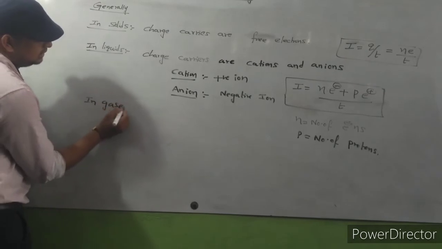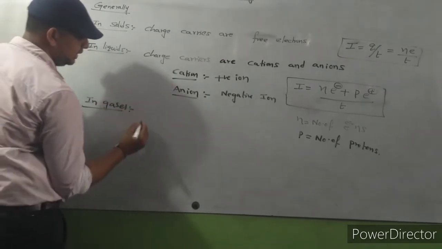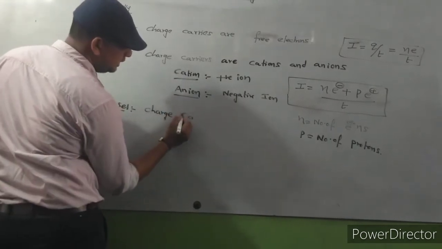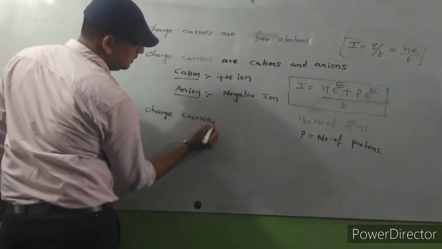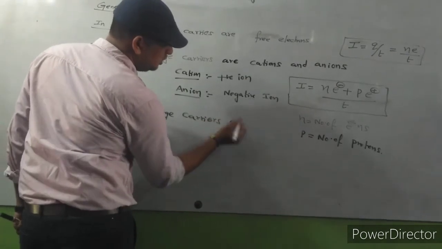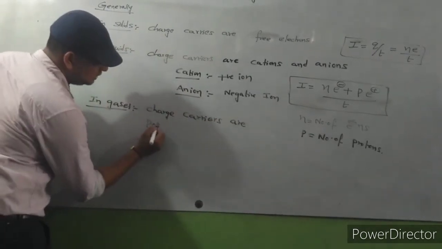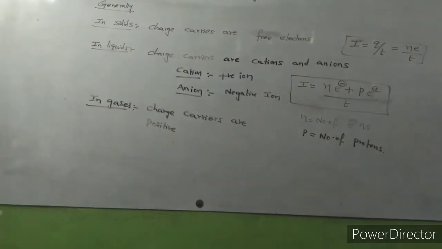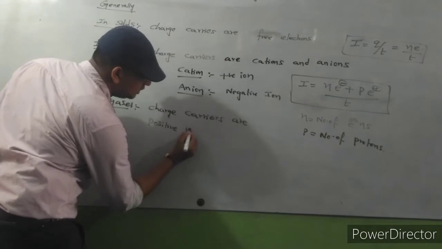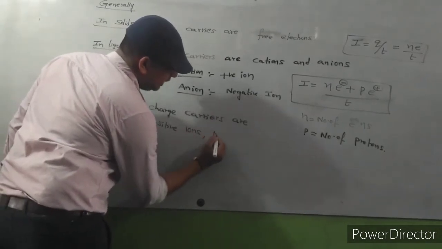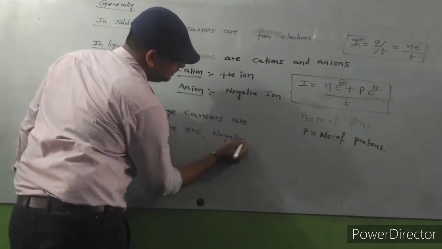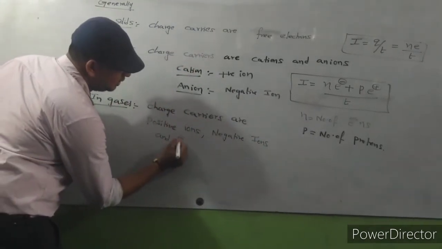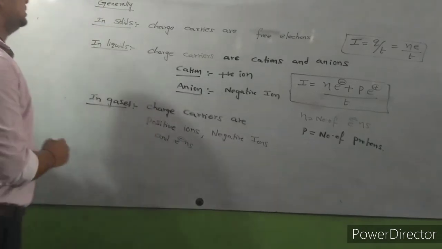In gases, charge carriers are positive ions, negative ions, and electrons. So this is very important.